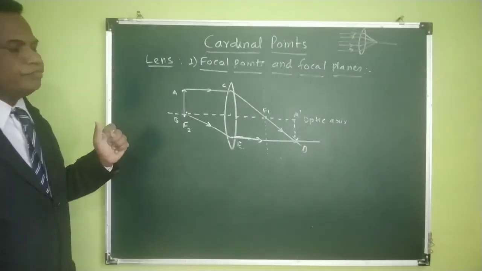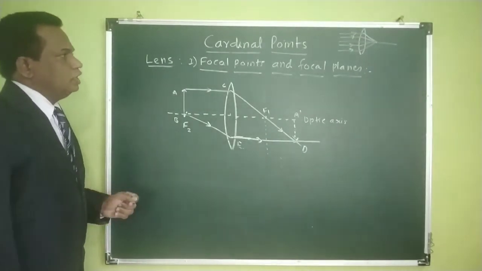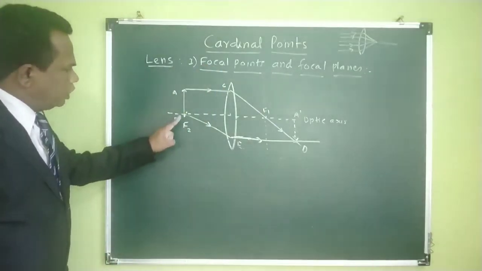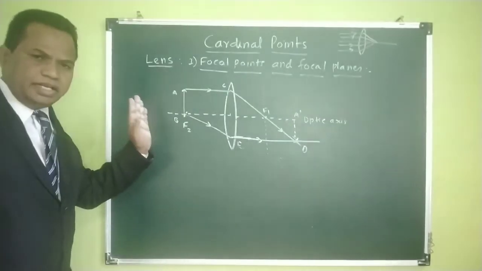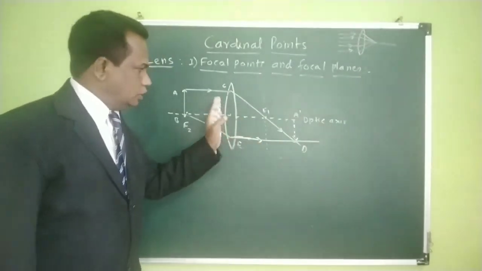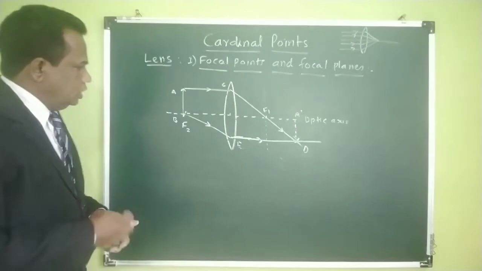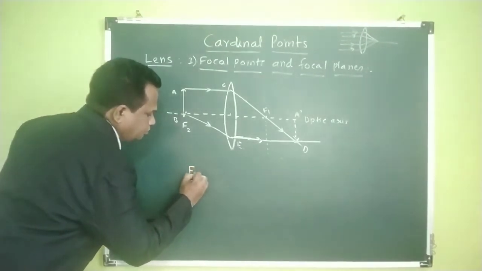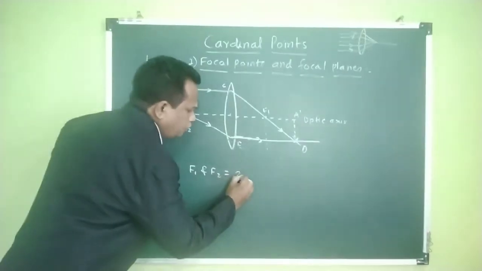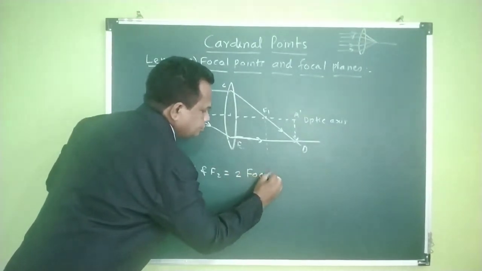So now, what will happen? See, there are two focal points. One focal point is on one side of the lens, and another focal point is on the other side of the lens. So here F1 and F2 are two focal points.